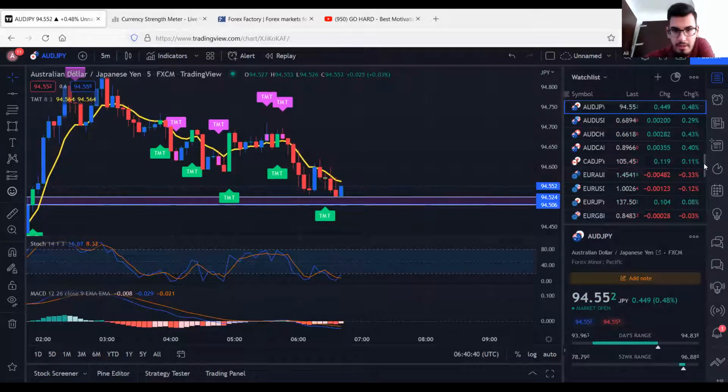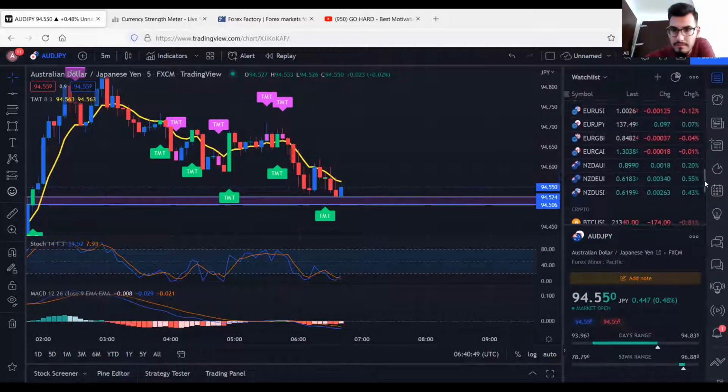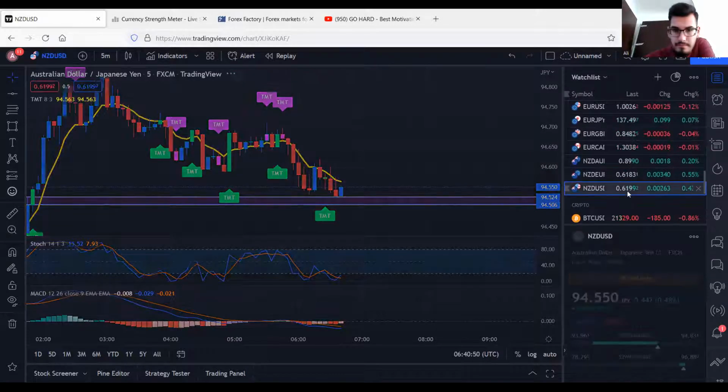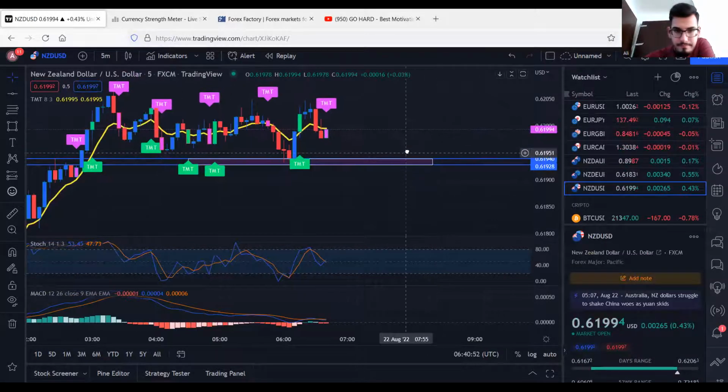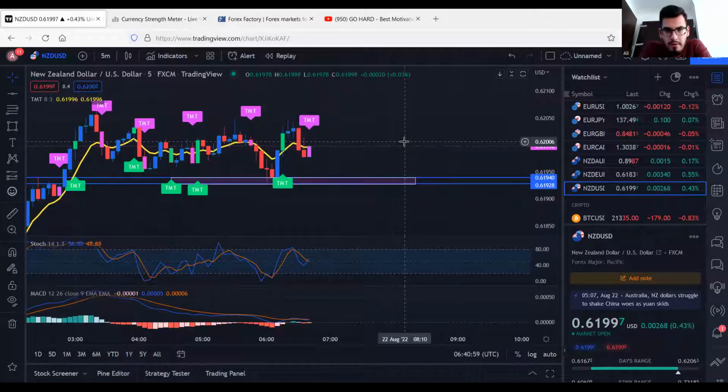Because I know some of my students enter for 1 minute, 3 minutes, or follow my leader and enter 5 minutes. NZD/USD is also far away. So it's more of a patience game for us.